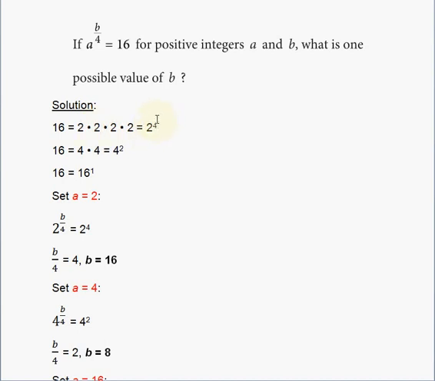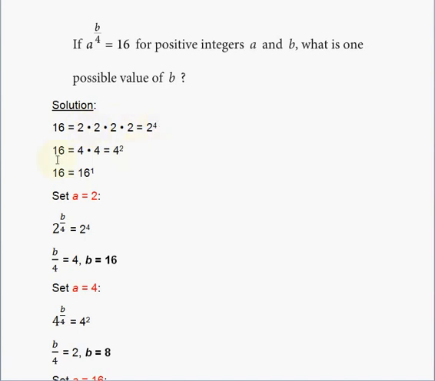The power represents the number of times you see the base in a multiplication. Even though the base multiplies itself 3 times, there are four instances of the base, so it must be 4 as a power.